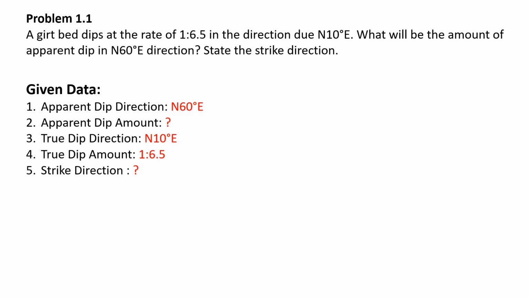Before directly jumping into the problem, let me give you a clear idea about what we'll be solving, or the basic idea behind this. To solve this problem, we'll use the graphical method, where you have to understand the concept of directions, that is the north-south, east-west line. We mark the intersection as point O. All the directions we use are with respect to north or with respect to south.